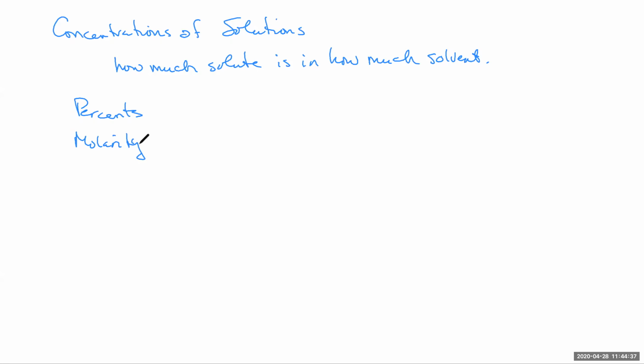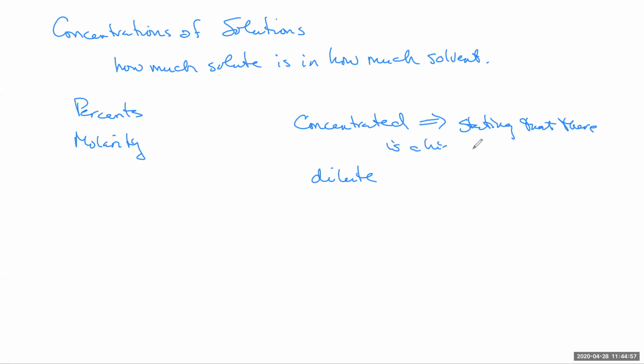But I just also wanted to mention that there's two general terms that you might see. You might see a solution called concentrated, or you might see a solution called dilute. If a solution is concentrated, it's not telling you exactly how much, it's just stating that there is a high quantity of solute present.